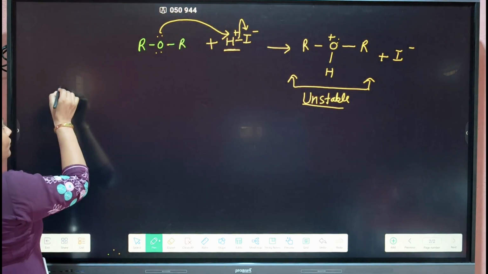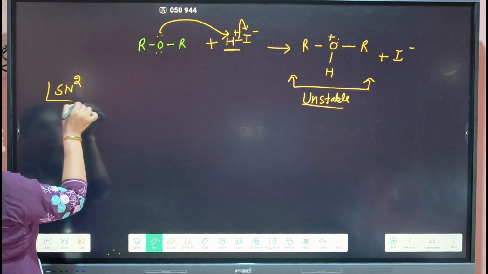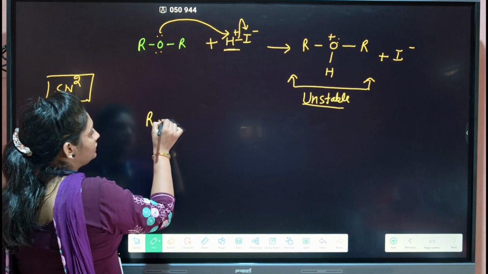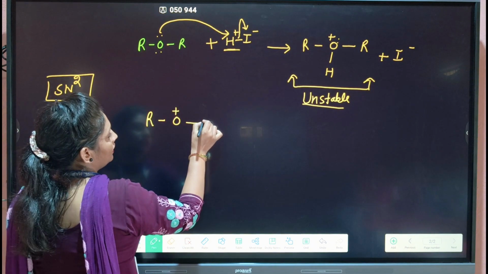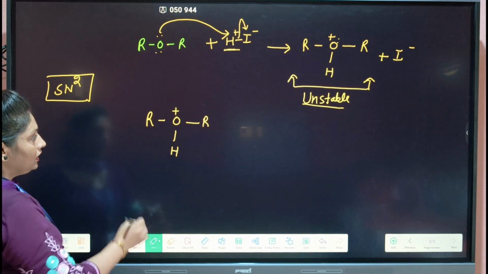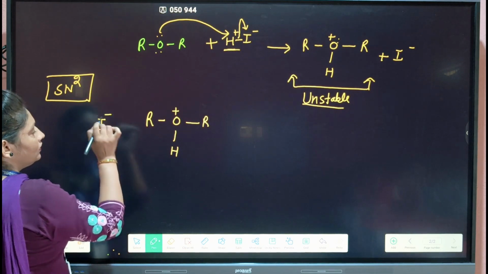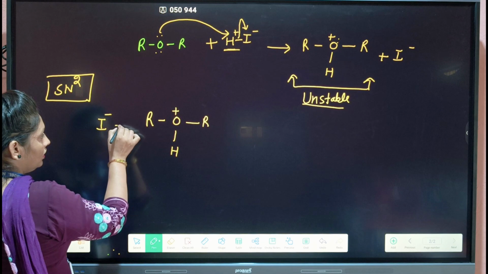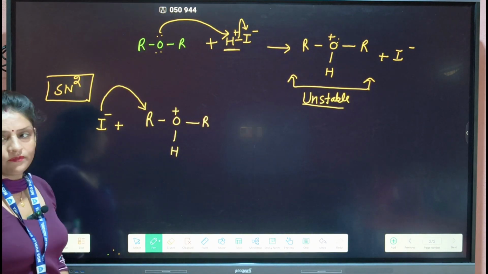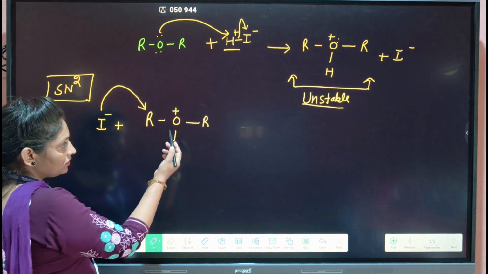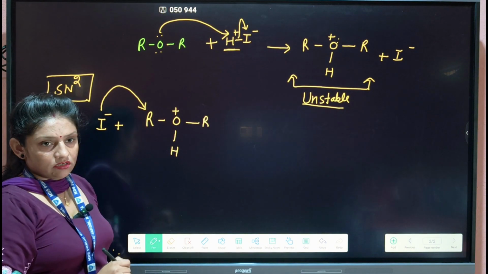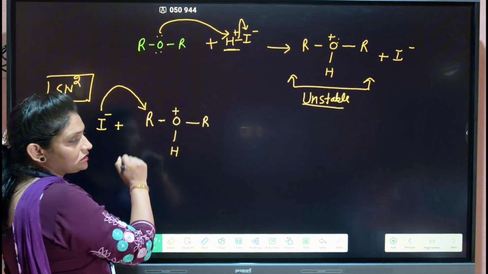So now the SN2 mechanism will be followed by this. SN2 mechanism. What will happen? We have RO plus RH and iodide ion. This iodide ion will attack from the backside at this carbon. Why? Because this oxygen is more electronegative and positive charge is on it, so it will take electrons from this carbon.